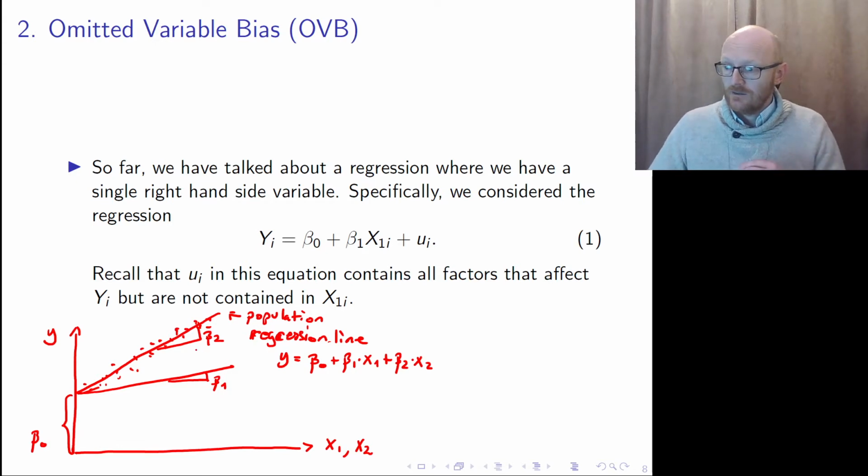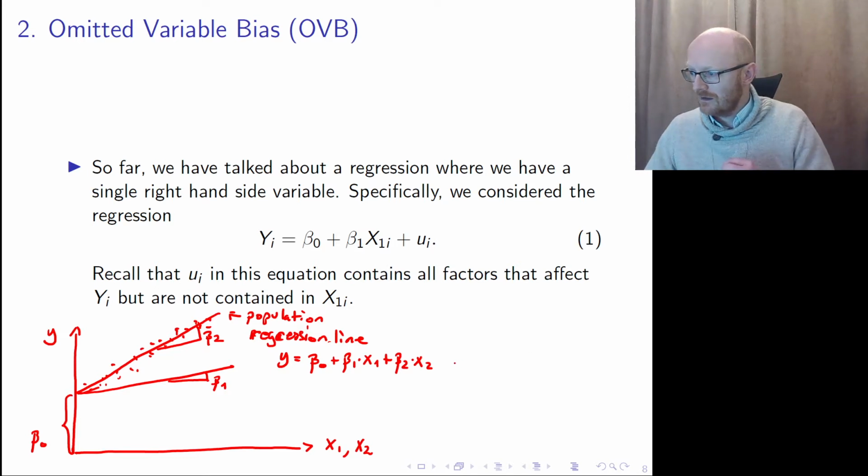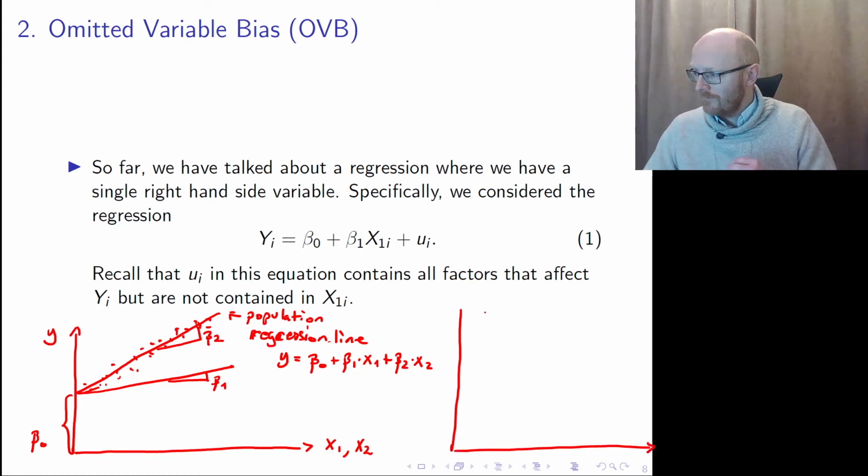Which means that if you only have the true parameter in this regression equation, then you would have these, this is the data, right?